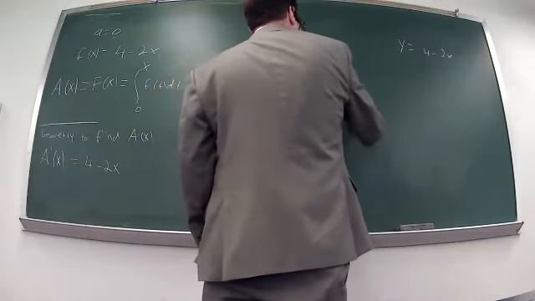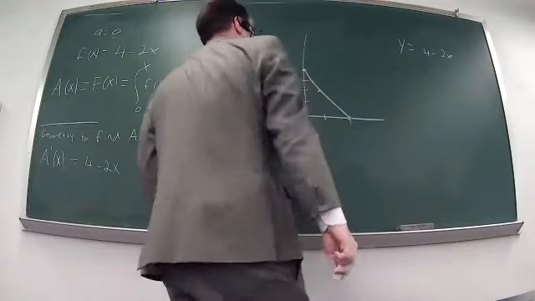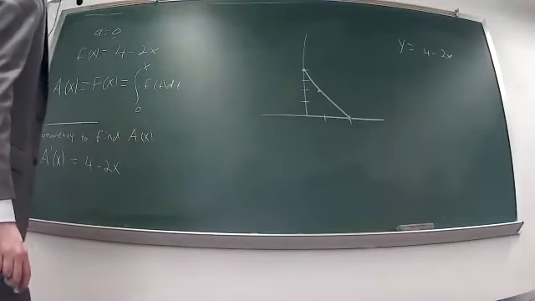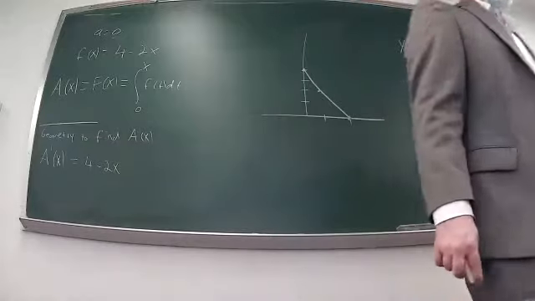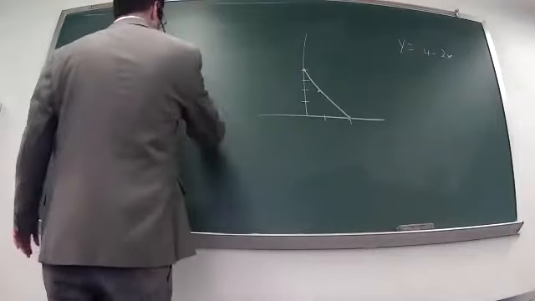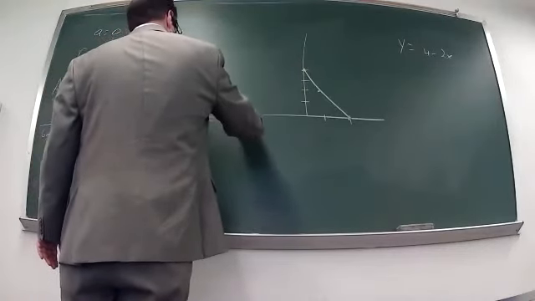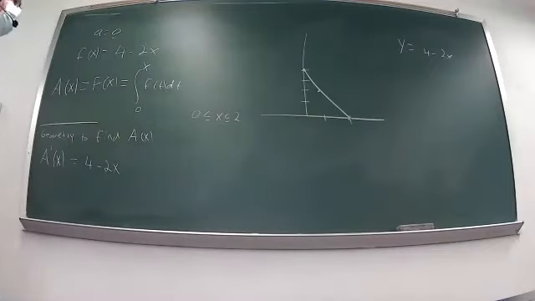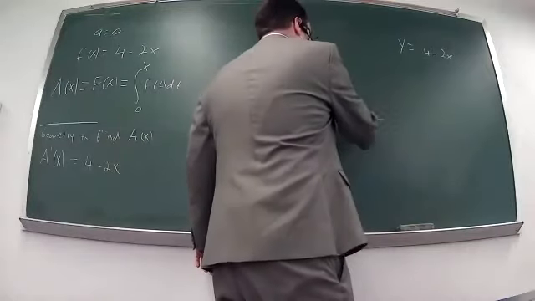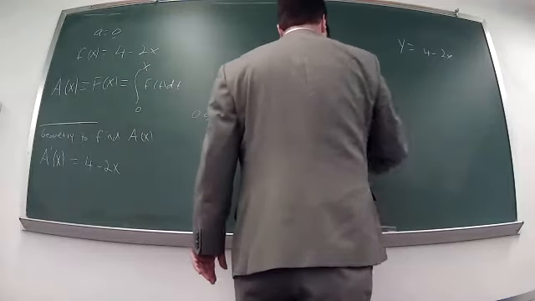If x equals 2, y is going to be equal to 0, so it's this thing. And for argument's sake, let's take x in between 0 and 2. For x bigger than 2, you'll have this area minus that one, but let's just take x kind of in there.